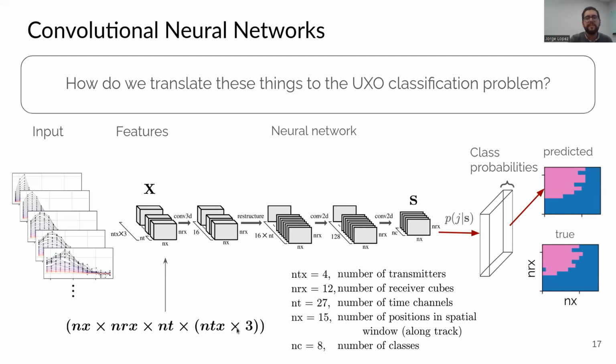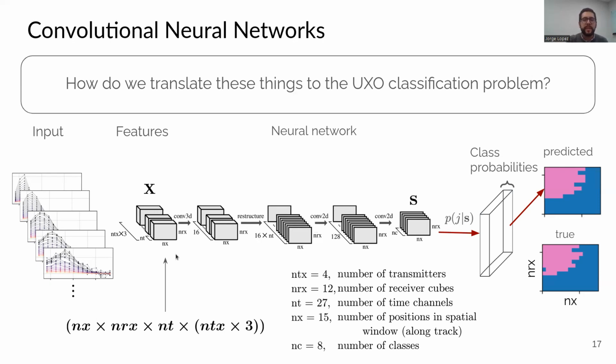So this channel dimension is where you expect to have more independent information in each of the channels, just like the RGB channels from an image. So now we have a three-dimensional input, with several channels for these three-dimensional inputs. I won't spend too much time on the details of the architecture, but we're performing 3D convolutions at the beginning, and at some point in the architecture we restructure and start performing 2D convolutions only.